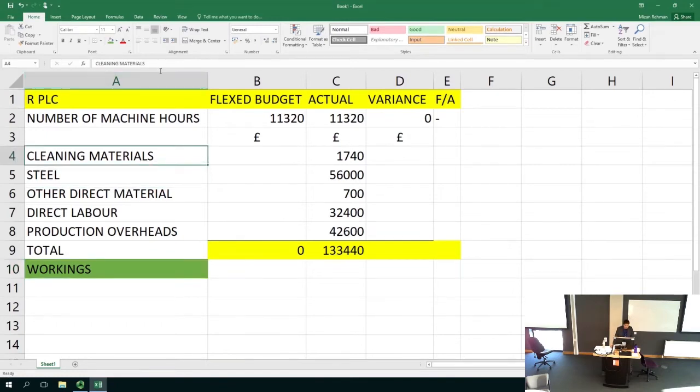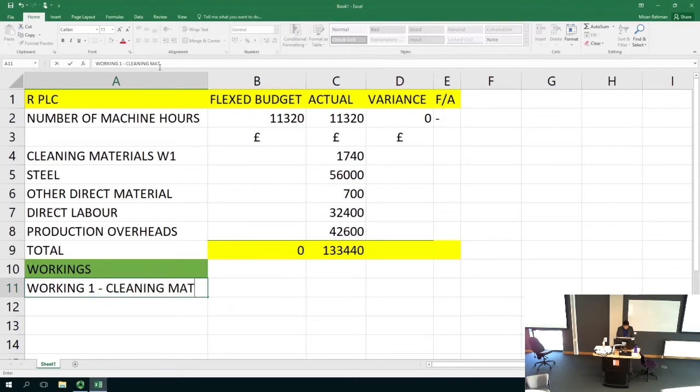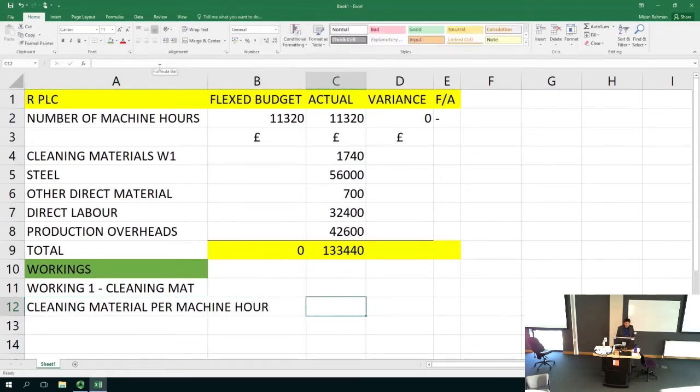So I'm going to do my working one, cleaning material. Per machine hour, I can calculate how much it costs on the cleaning material.